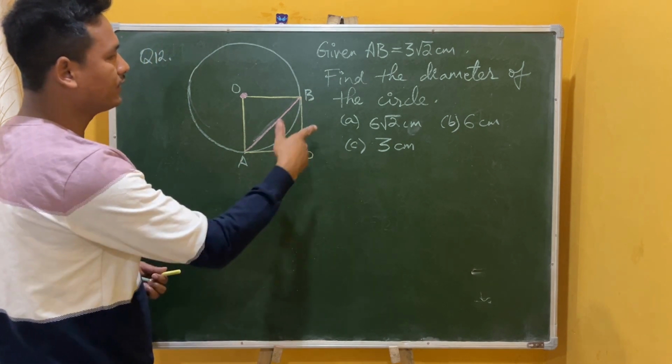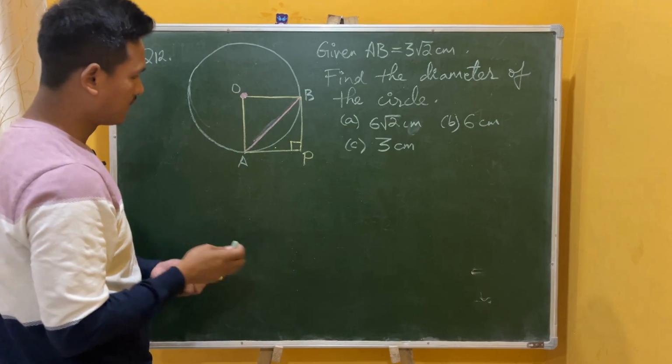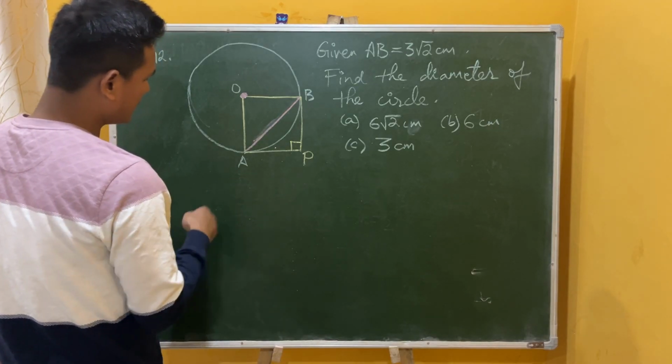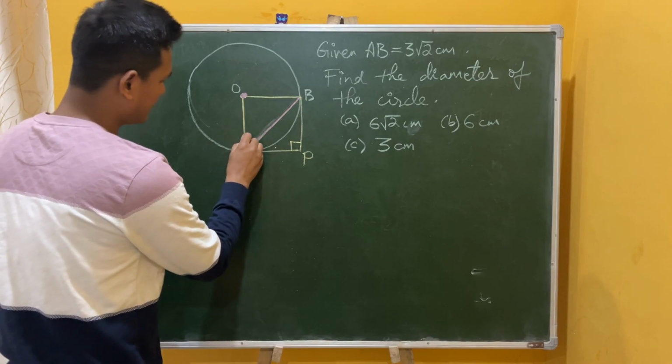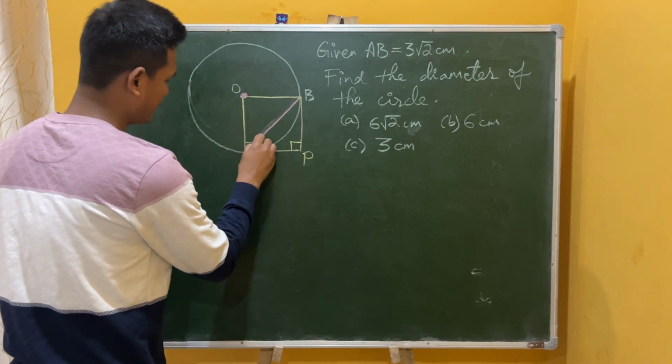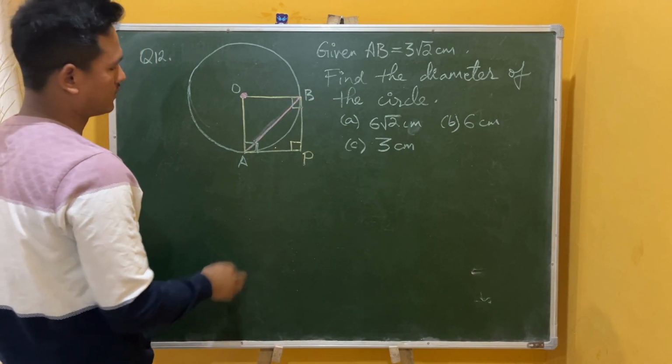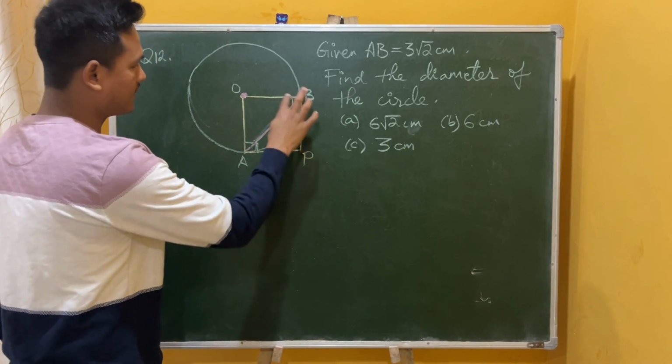So how do you find the diameter of the circle? You look here. The theorem says that the radius and the tangent will make 90 degree. This is 90. This is also 90. So all the three angles are 90.